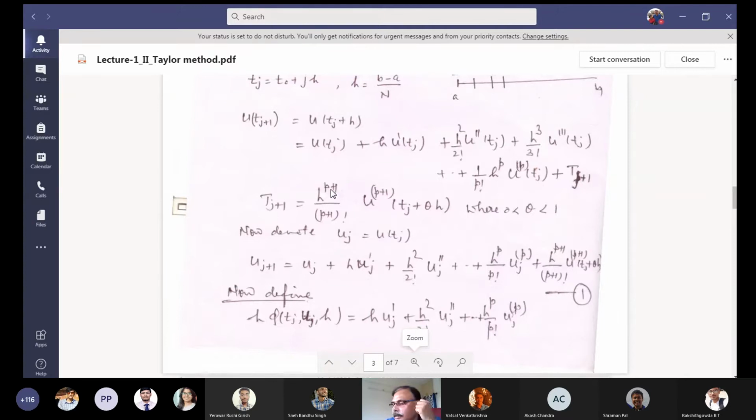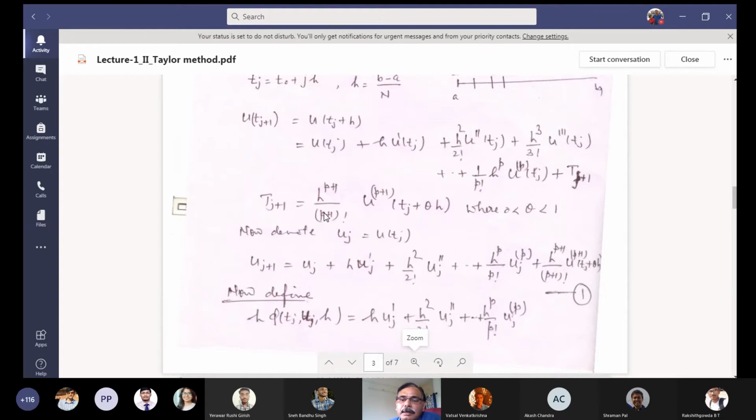So if you want the second order Taylor's method, what are the terms it will have? u_{j+1} equal to u_j plus h u_j prime plus second order. Second order means what? For a second order method, the local truncation error will be... this is your pth order method.